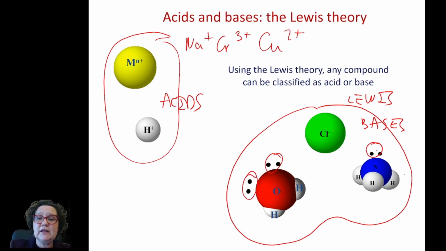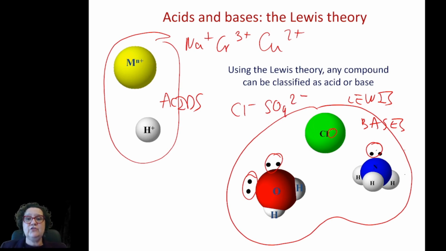But also a substance like the Cl-, an anion, a chloride anion, a bromide anion, a sulfate anion, something that has negative charges, because again, those are electrons that can be donated. Those can also be defined as Lewis bases.